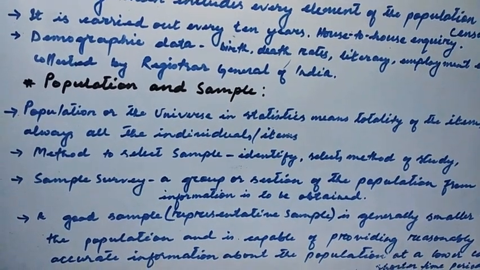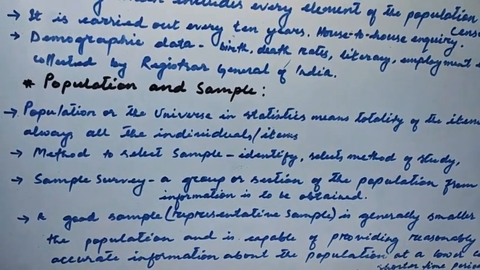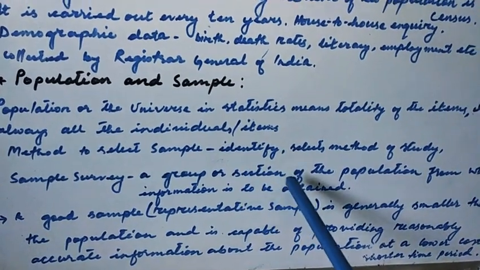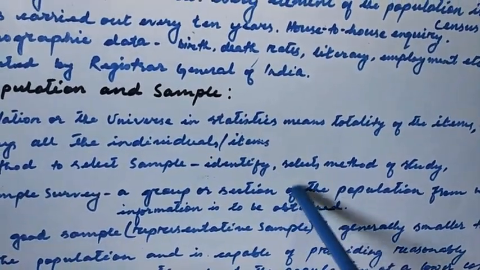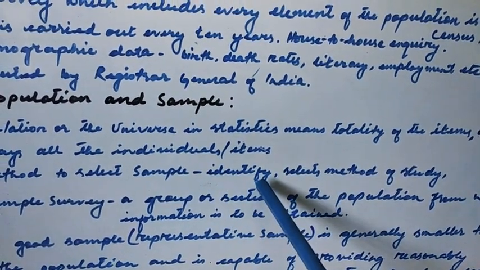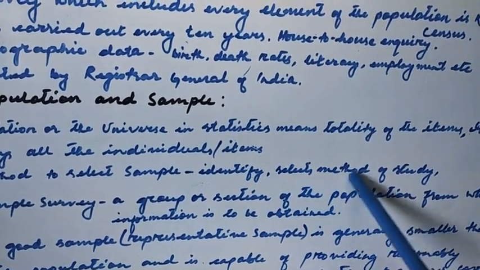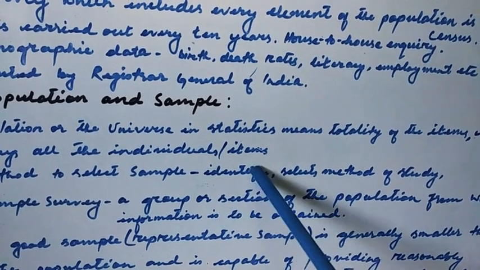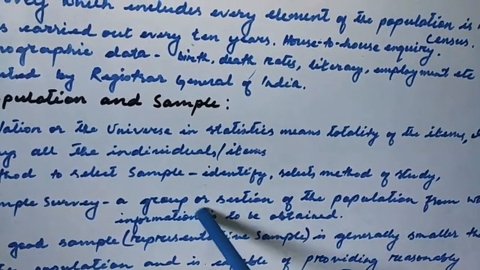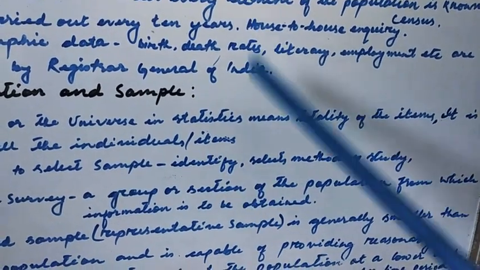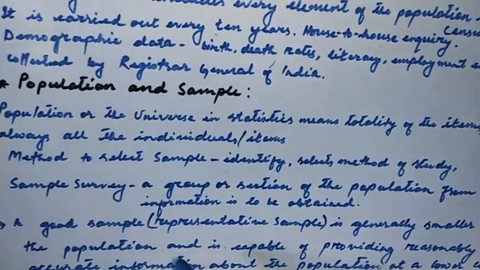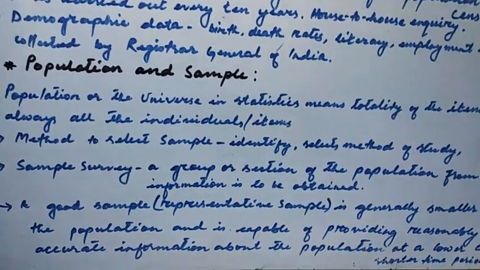And a sample survey is a group or a section of the population from which information is to be obtained. So you have identified the population, you select a method to study it, and you have selected a group or section of people from the whole population to get information from them. So that is called a sample survey.